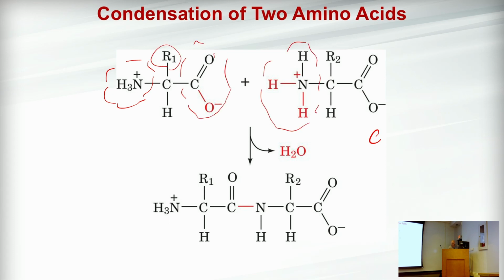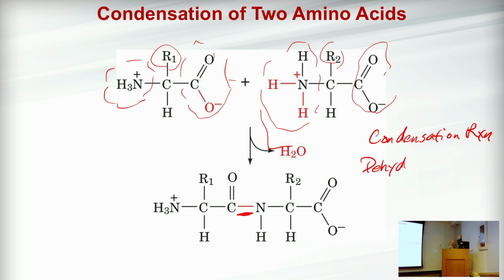Here's an amino group, here's the carboxylic acid group, here's the side chain. These 2 things come together to form a new carbon-nitrogen bond, and out comes a water. That's a condensation reaction. It's also known as a dehydration synthesis.